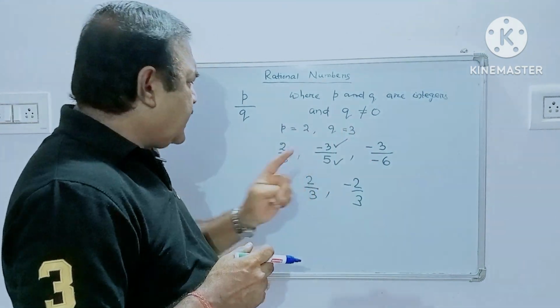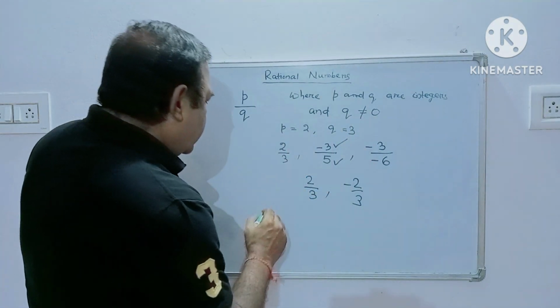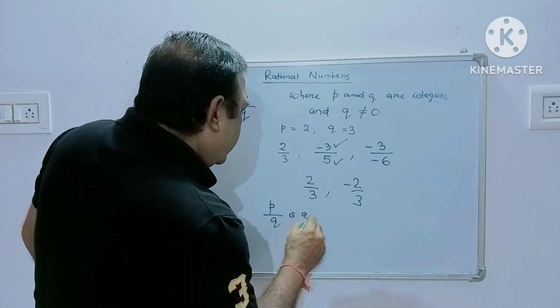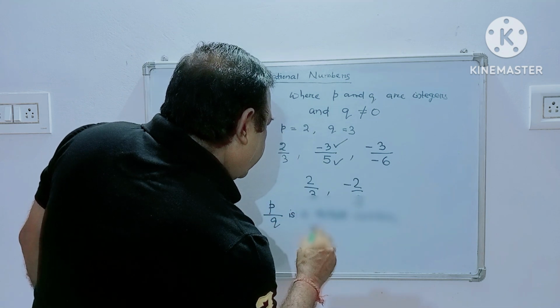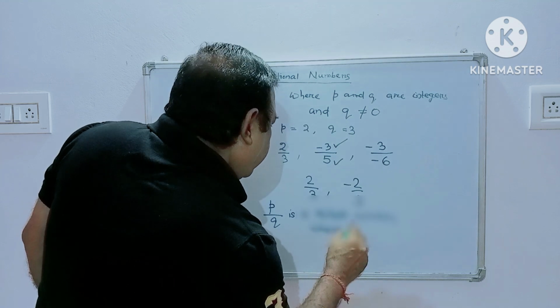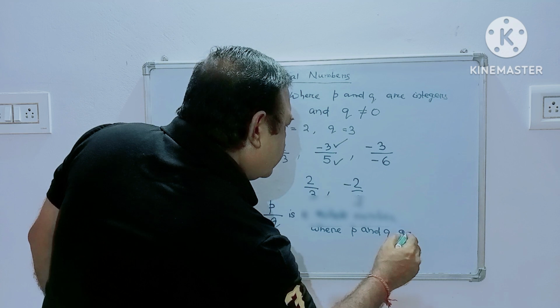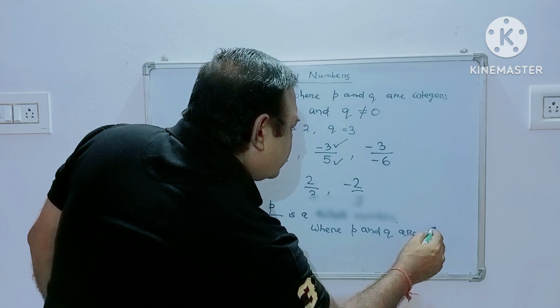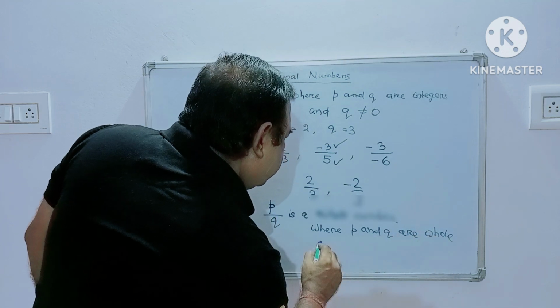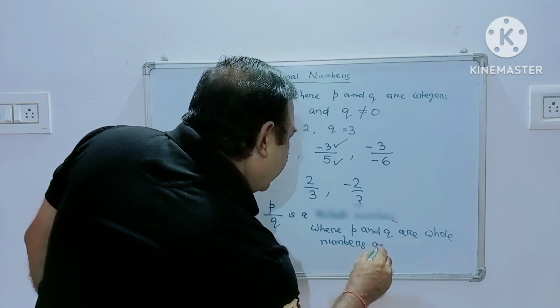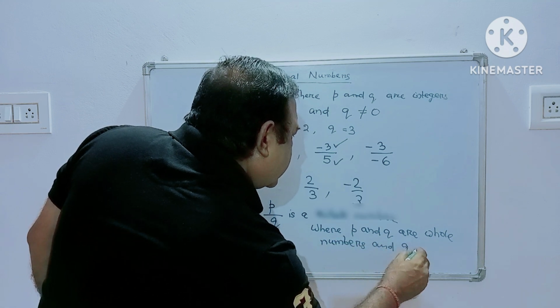In case of fraction, suppose I am writing P upon Q is a fraction where P and Q are whole numbers. They are not integers. And Q is not equal to 0.